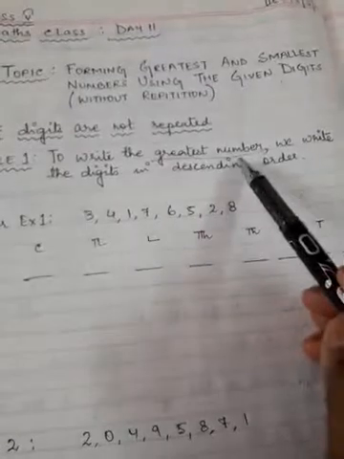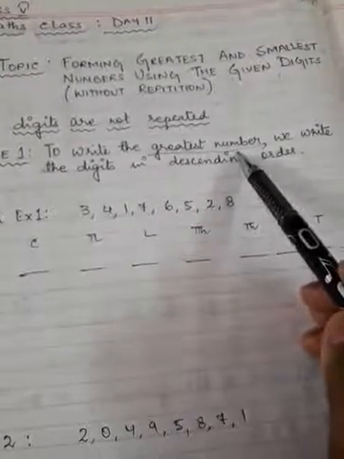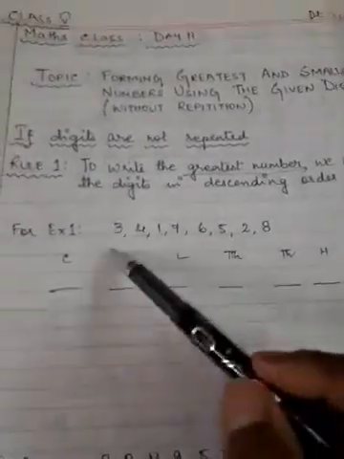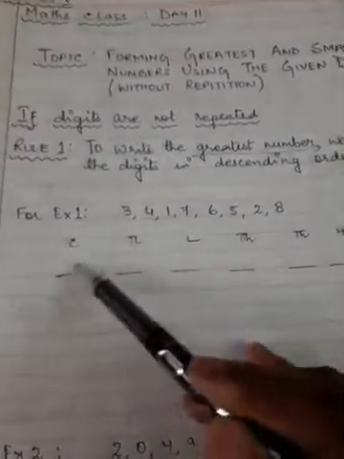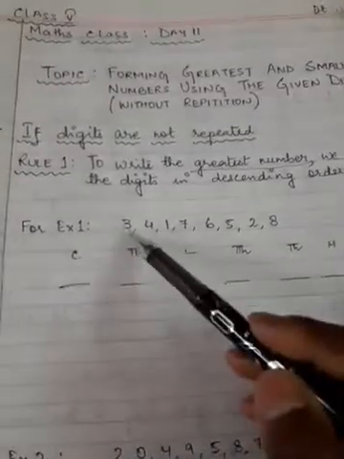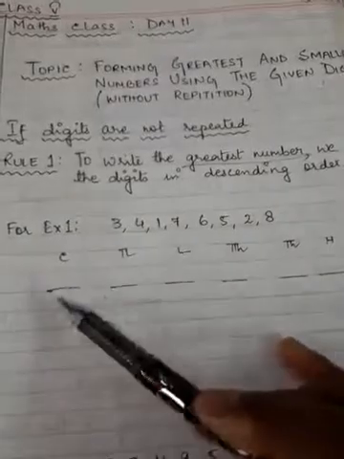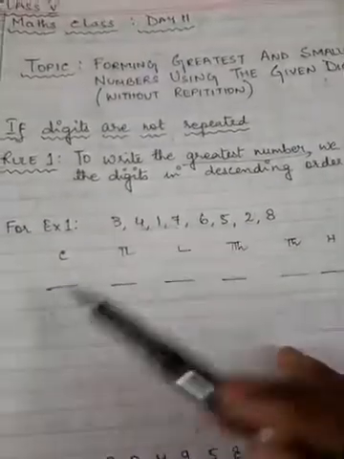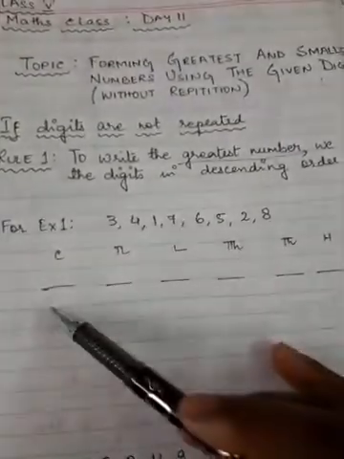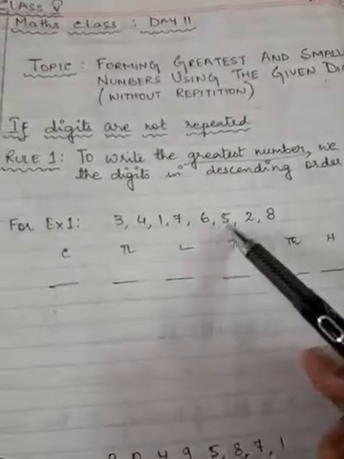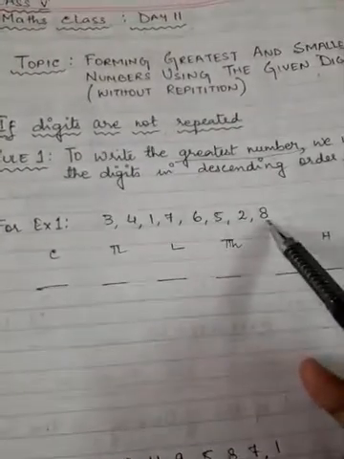Now how am I going to solve it? I have to form the greatest number. So in the crores place, how am I going to write? 3 crore is bigger or 4 crore is bigger? 1 crore, 7 crore, 6 crore, 5 crore, 2 crore or 8 crore.